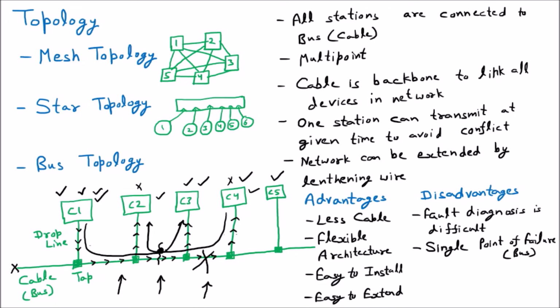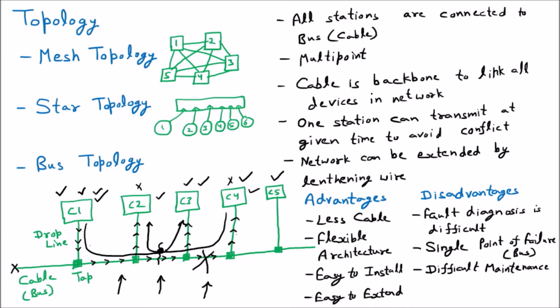That is a single point of failure. And again, it is difficult maintenance. Difficult maintenance is because fault diagnosis is difficult. If we find the fault very late, how can we maintain it fast? First we find the fault, then maintain it.